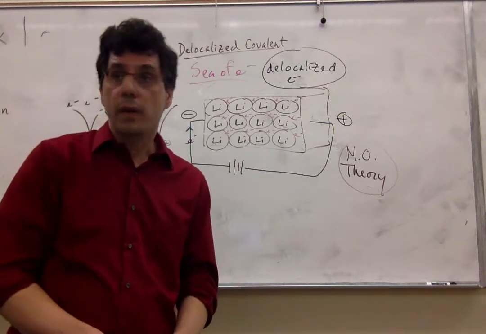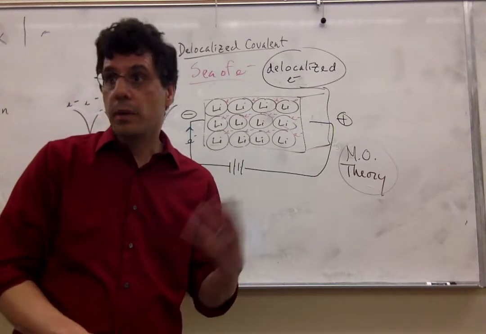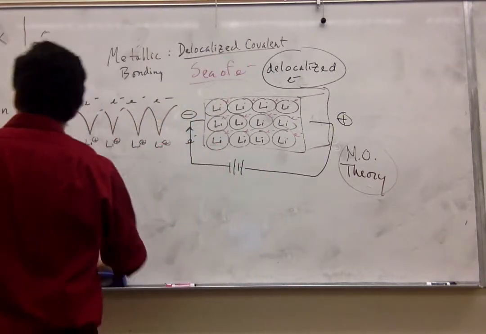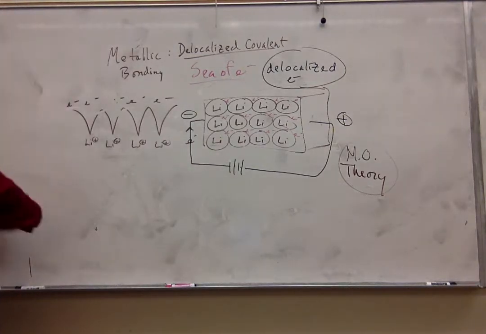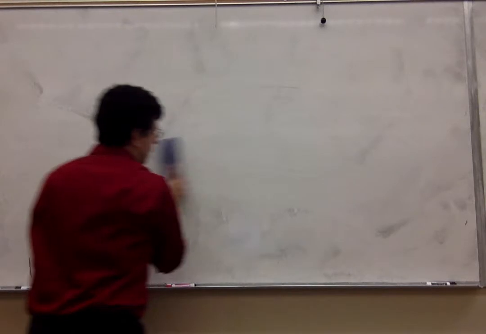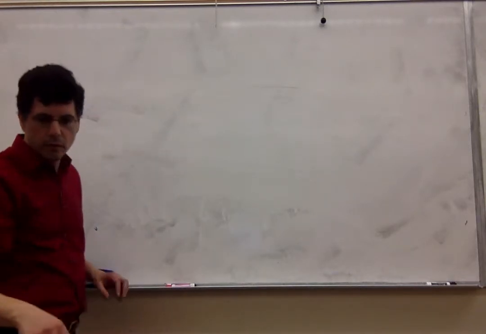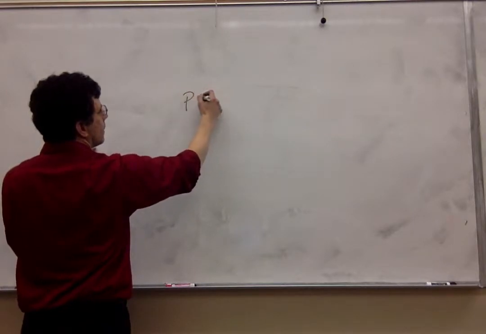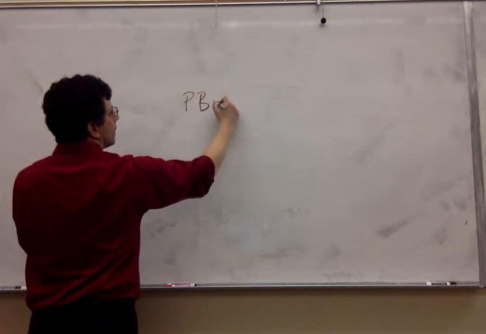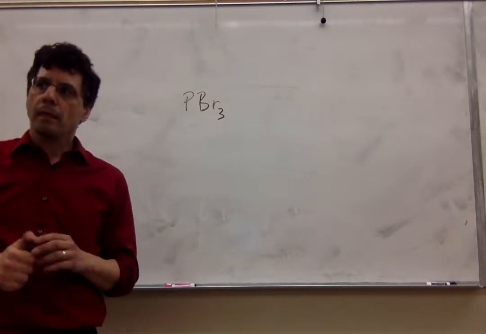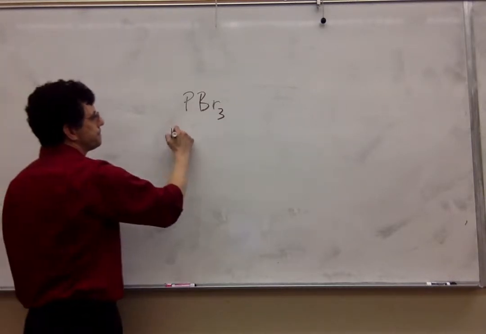So you can bring up a homework question if you'd like, but I'll just use some of the molecules that we've looked at already. Given that, I think the one I am thinking of right off the bat is the PBr3, phosphorus tribromide.